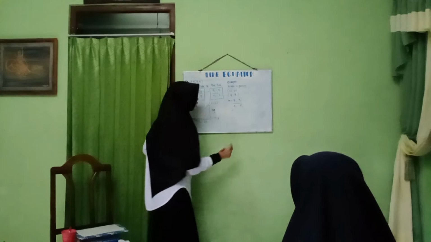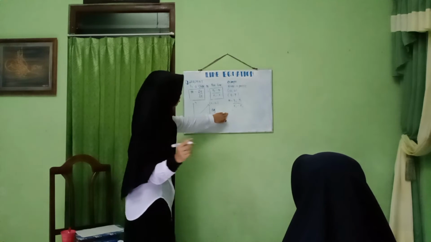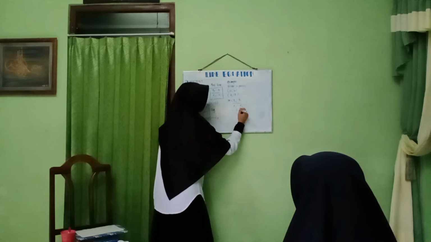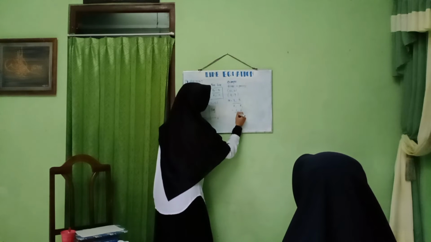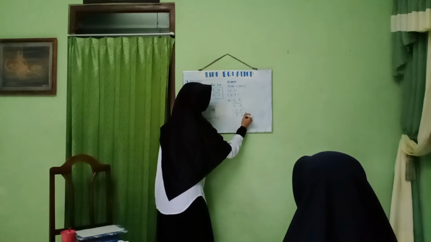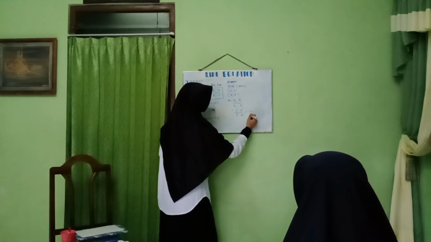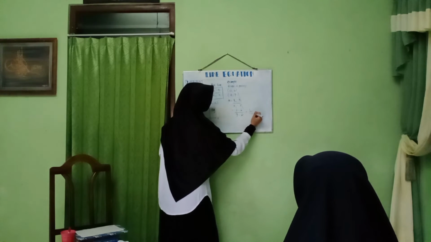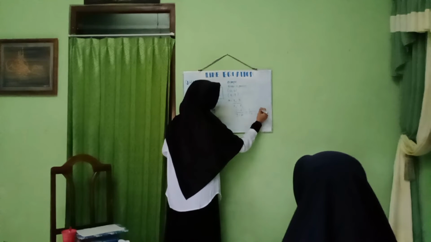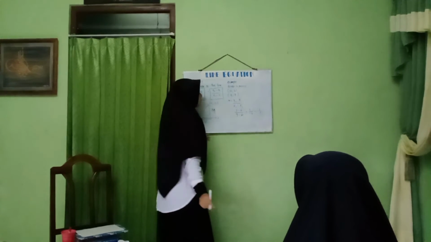So what's y2? 7 minus 6 over 9 minus 12. So this is 1 over minus 3. So the gradient is minus 1 over 3.